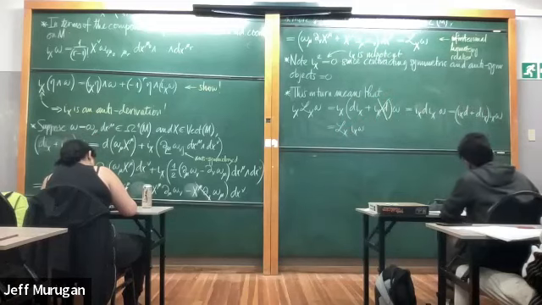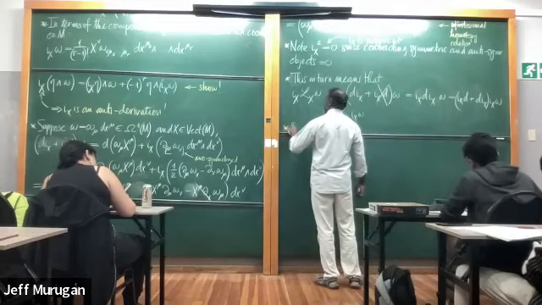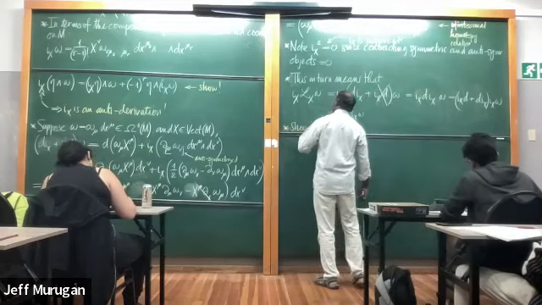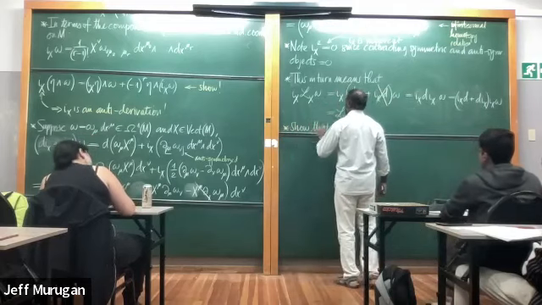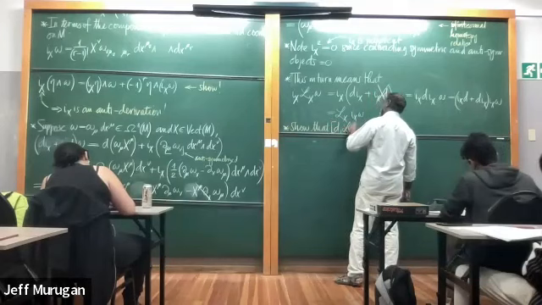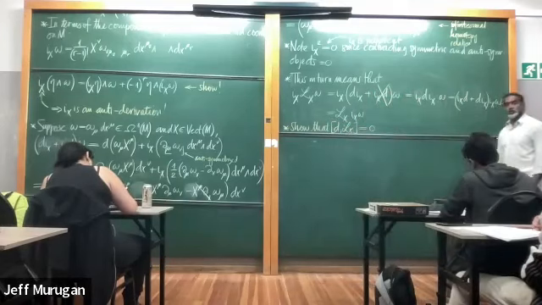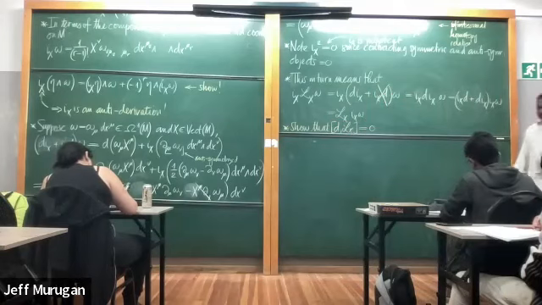So the Lie derivative of the interior product will be, by similar reasoning, show that the exterior derivative with the Lie derivative also is the same one.